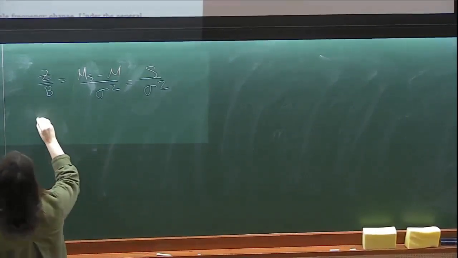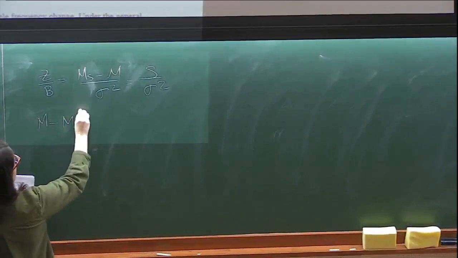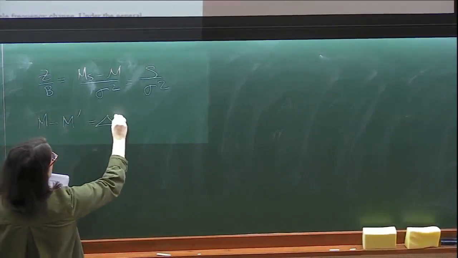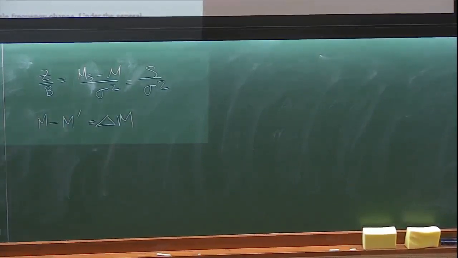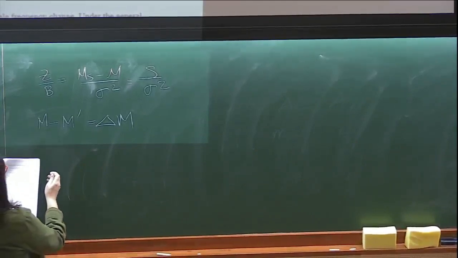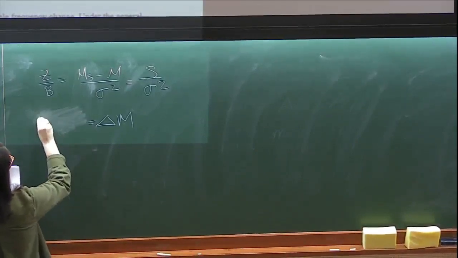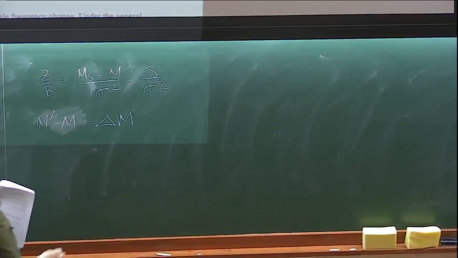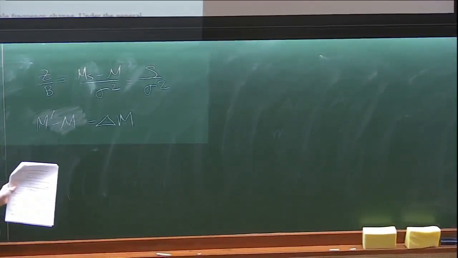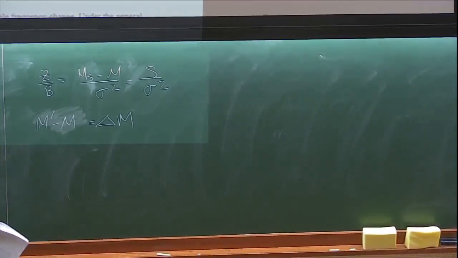But what is M minus M prime, delta M, in terms of our truncation selection experiment earlier with our phaseolus? M prime minus M. The difference between the next generation and the current generation. We call that the response, right?